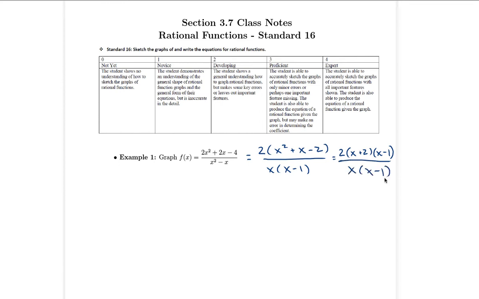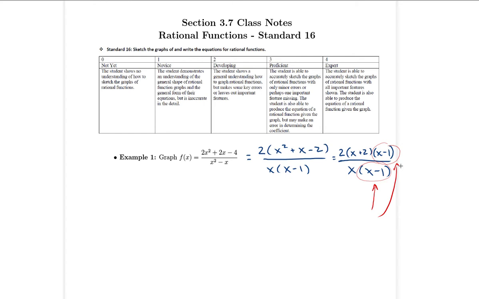Now, let's remember what it means when we have the same factor on top and bottom. If this was just an algebra problem that we were trying to simplify, we would just cross these two out immediately, right? But when we're looking at a rational function, yes, they cancel out, and so they don't have any effect on the graph except at one place, and that one place is at x equals 1.